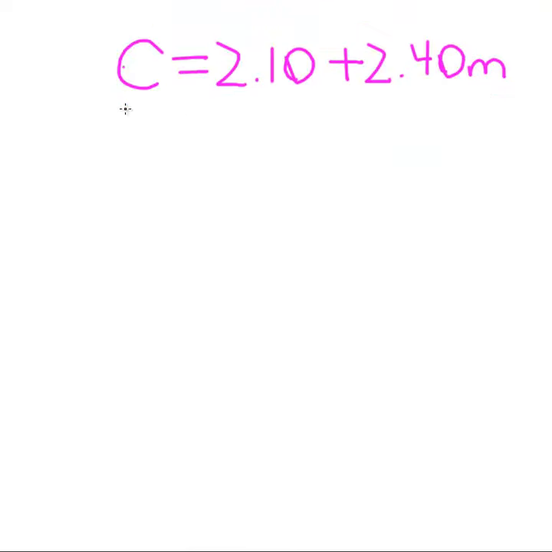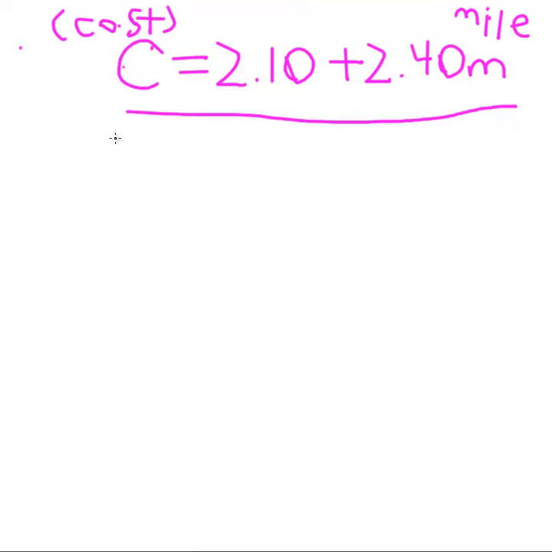Okay, let's take a look at another problem before we move on to the next video. The question from the book goes: while you were on spring break in Fort Lauderdale, the cost in dollars of your taxi ride from the airport to your hotel can be represented by this equation, where C equals cost and M equals miles.